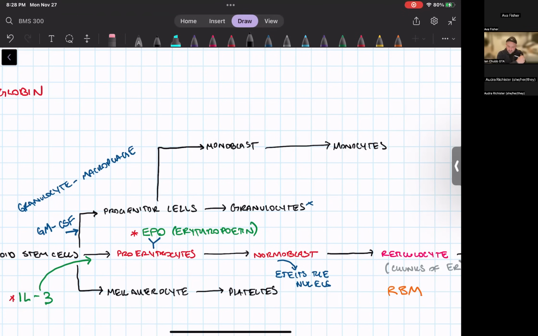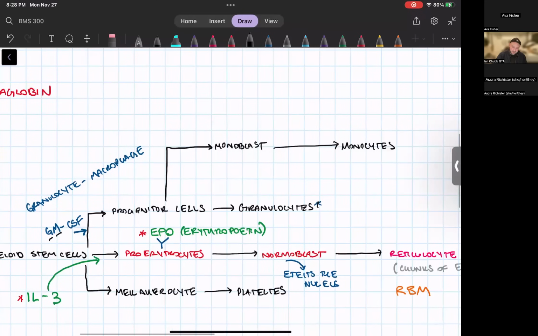So we could look at this and say, okay, GM is the granulocyte macrophage pathway. So we're going to granulocytes here from the progenitor cells. There's obviously a few cell lineages before that, but we're not going to worry about those. And then the other one is going to be our monoblast that becomes a monocyte. And then this one is going to be our MCSF to get to that lineage.